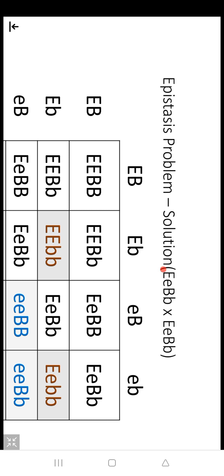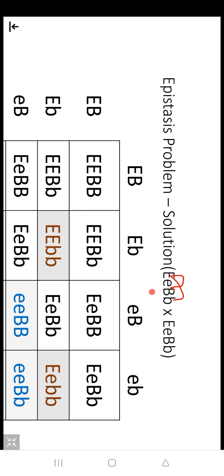So it will be EB, then Eb, I think I showed you this last time, then eB, then the other one will be eb. You remember these things. I hope you are practicing, because if you don't practice, you will forget. So the first gamete will contain EB, capital B, that one. Then the second one will be capital E, small b, this one.